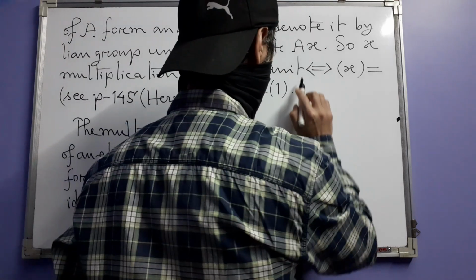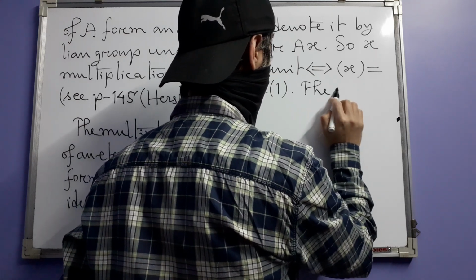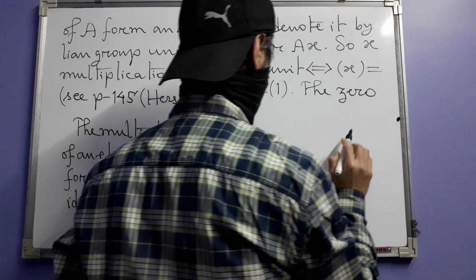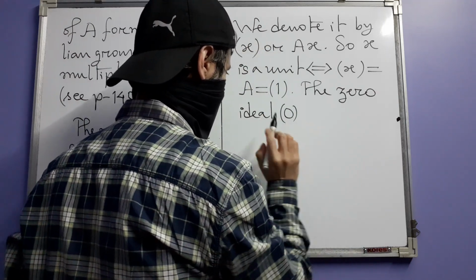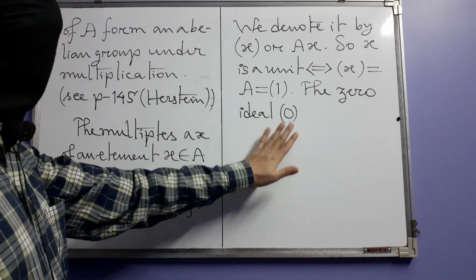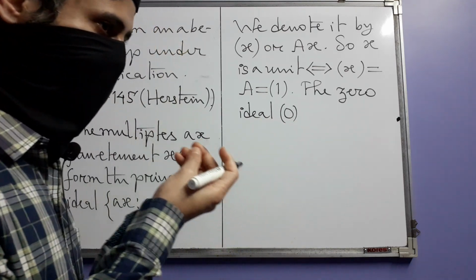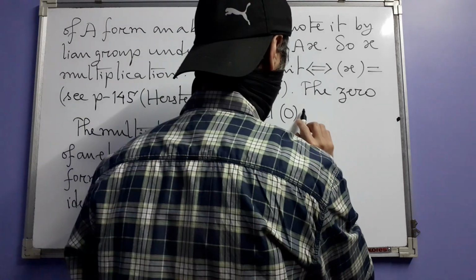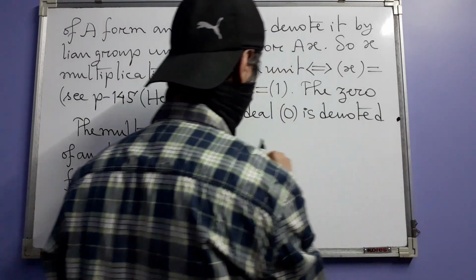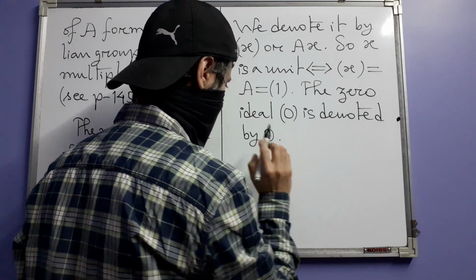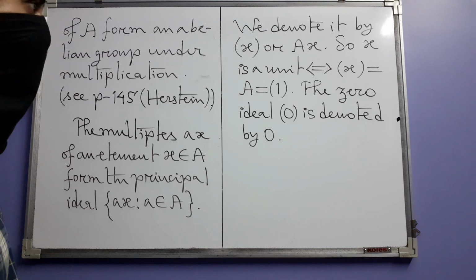And for some reason, here the authors inject this also. The zero ideal. Oh, because it's also a principal ideal generated by 0, and so it has only the 0 element, is denoted by just 0, again by abuse of notation.